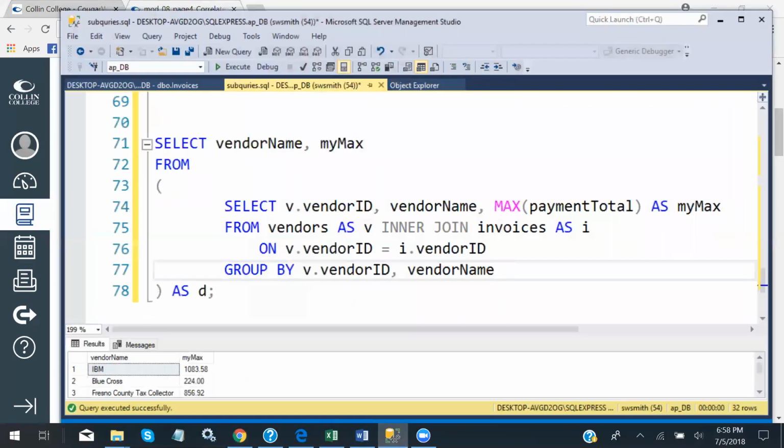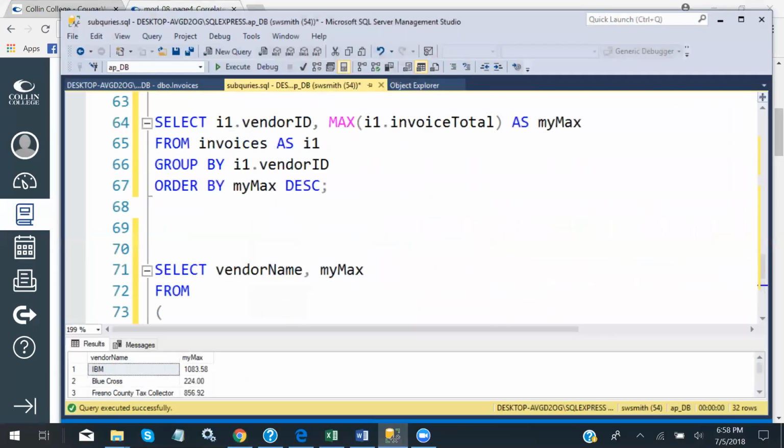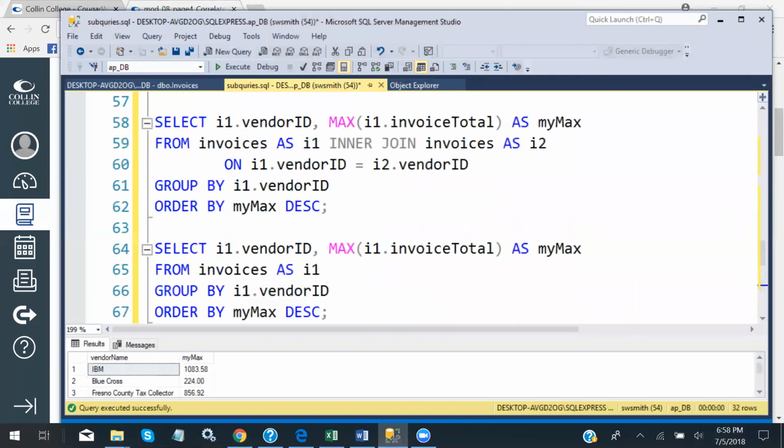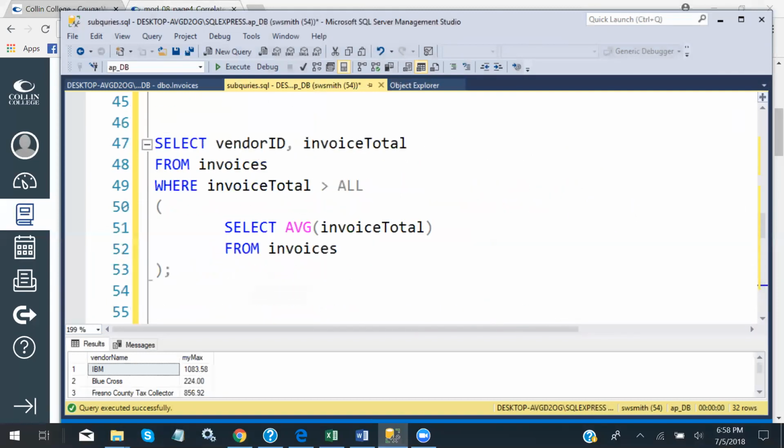If I do group by 2 fields, can I do distinct on 2? I tried to, and it didn't let me. Do you mean like where I say select distinct vendor ID and invoice total?